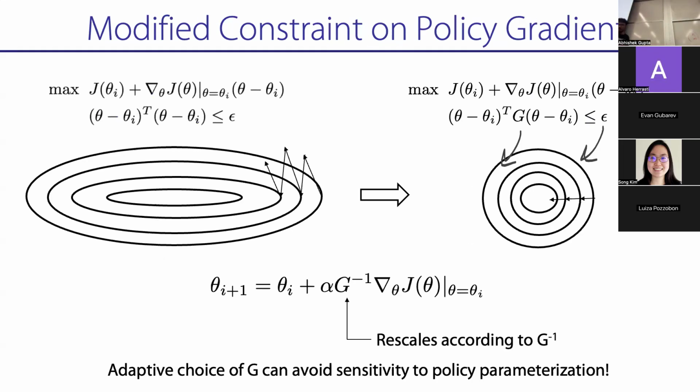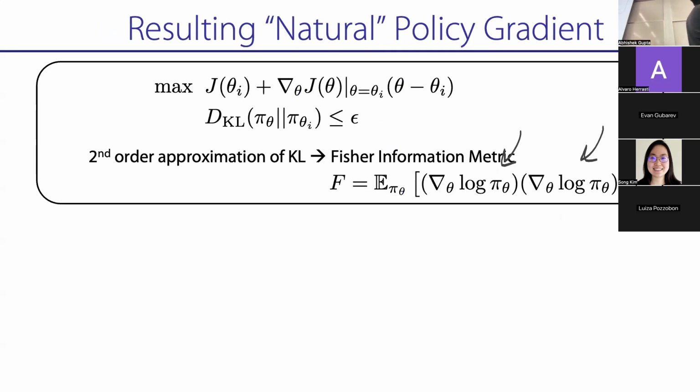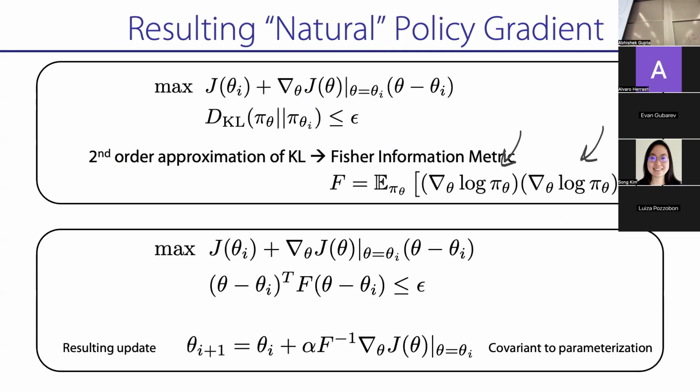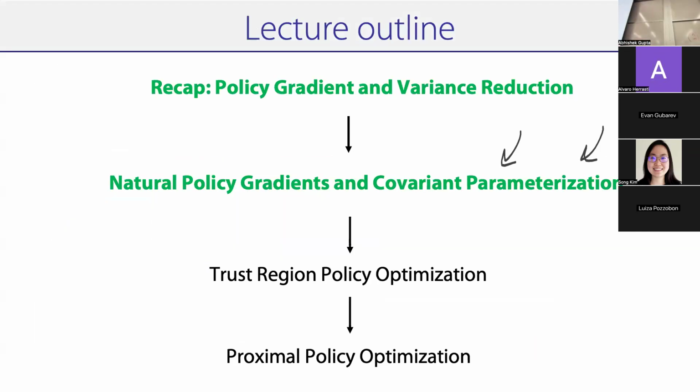We didn't know what G was, so we said we're going to take a KL divergence between pi theta and pi theta i. We approximate the KL divergence by a second order approximation, right? And that gives us the Fisher information matrix. Then we multiply by the Fisher information inverse. That's going to rescale the parameters, so you're not sensitive to parameterization. Okay. Any questions so far? Make sense?